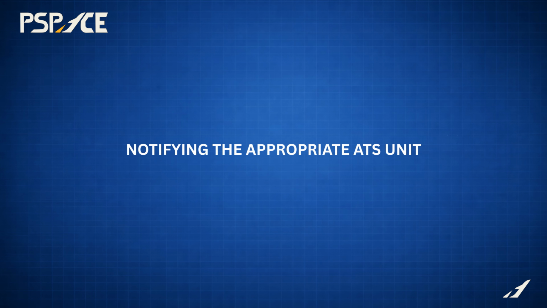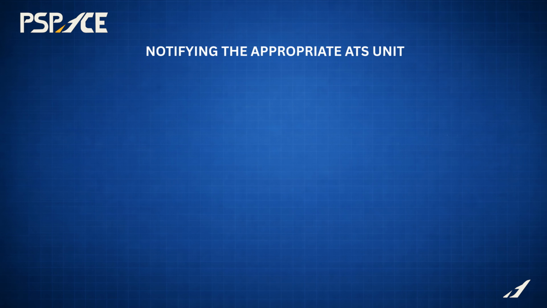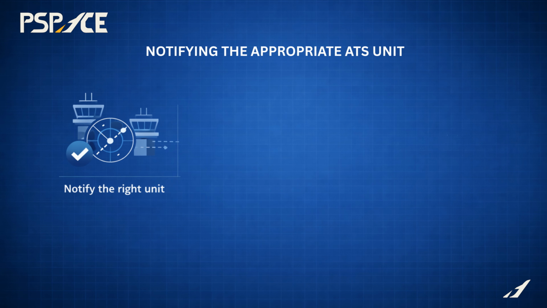One of the commander's central responsibilities in controlled airspace is to notify the appropriate ATS unit when the conduct of the flight requires it. The key ideas in that responsibility are timeliness, relevance, and correct addressee.